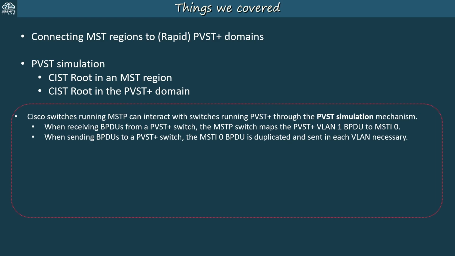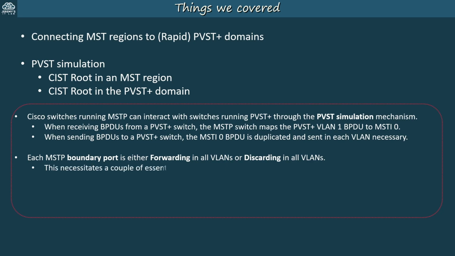So this interaction between MSTI0 and VLAN 1 is the key to the PVST simulation mechanism. Each MSTP boundary port is either forwarding in all VLANs or discarding in all VLANs. That's because its port roles are decided by a single MST instance, MSTI0, and this necessitates a couple of essential rules that must be followed.